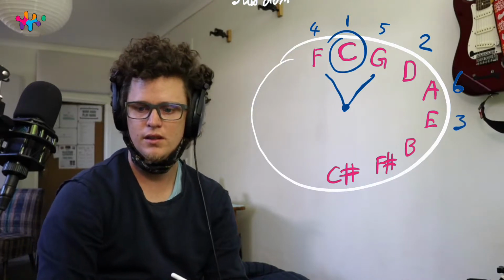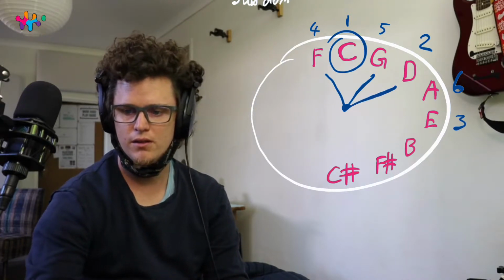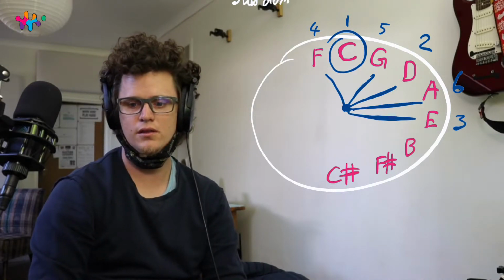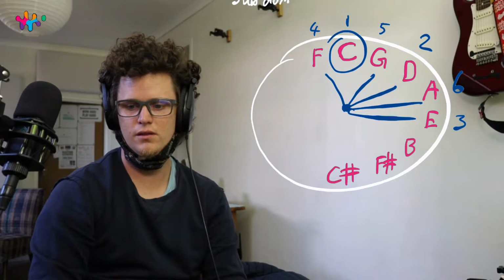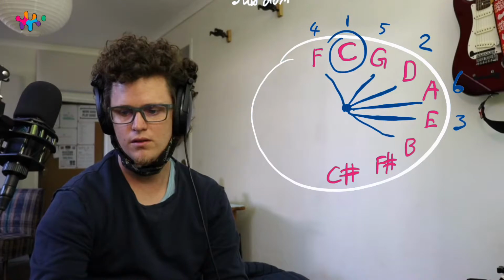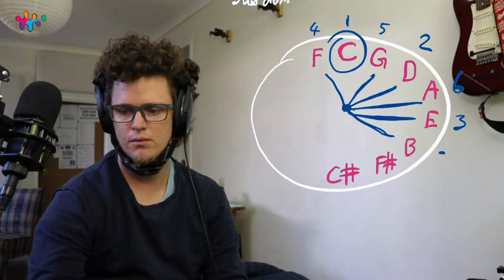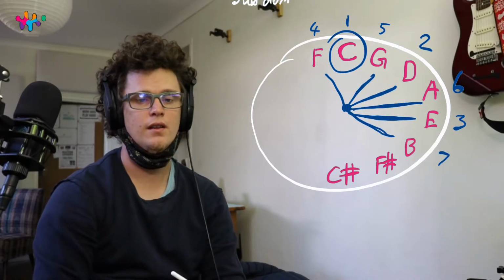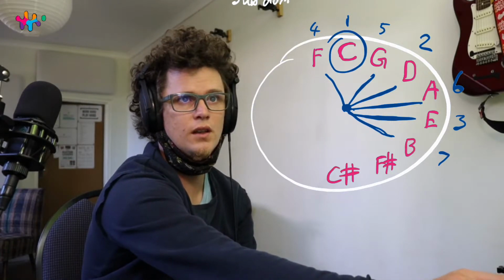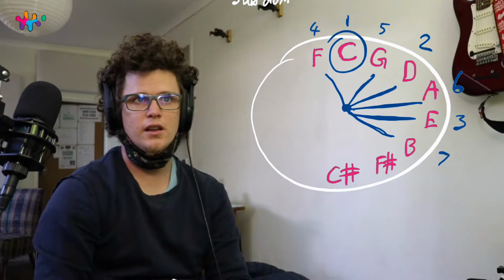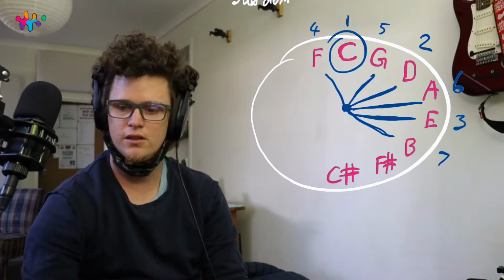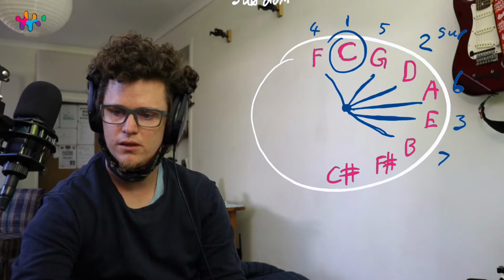So if you think about it, after that you have your diminished 7. Supertonic. Okay, yeah, you're right. Supertonic, because it's just like above. That's a supertonic.